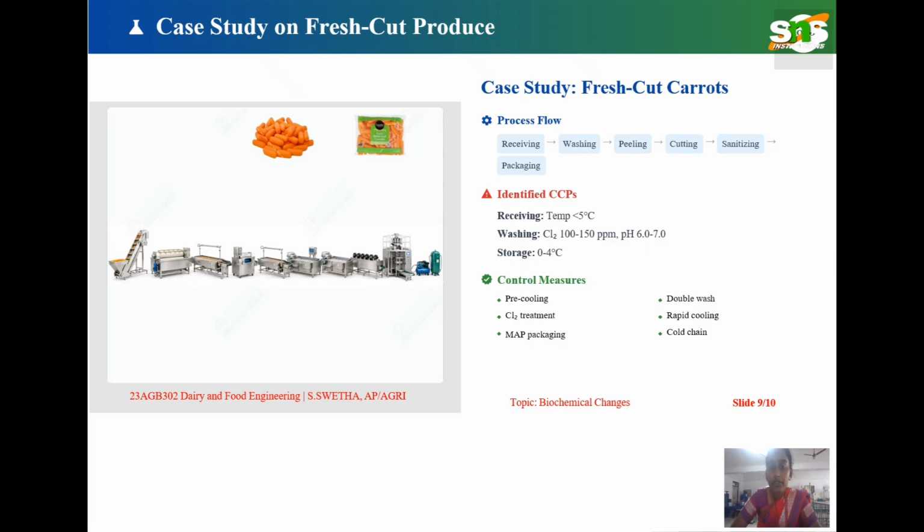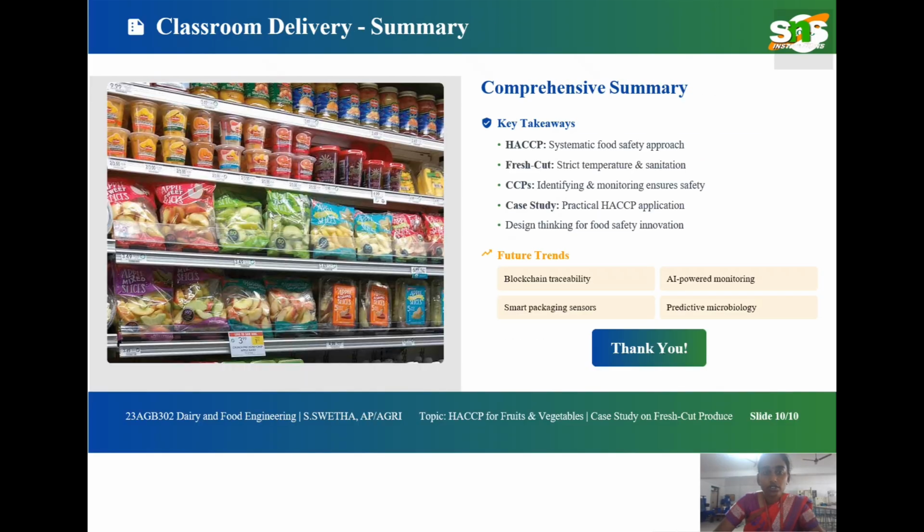There are some identified critical control points in this, like receiving temperature plays a vital role, and washing temperature in degrees Celsius and pH at storage also play a vital role. Control methods include pre-cooling, Cl2 treatment, MAP packaging, double wash, rapid cooling, and cold chain. The results are that 99.9% of pathogens are reduced, there is an increase of 14 days in shelf life, and there are zero safety issues.